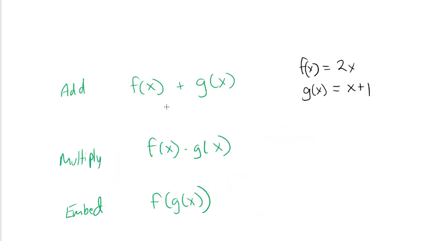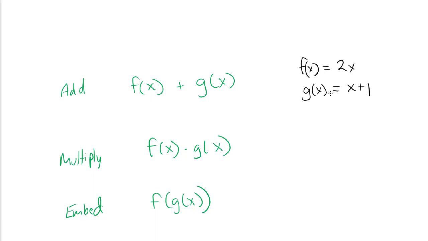Note, just as we add, subtract, multiply polynomials, our functions can define polynomials. The functions themselves can be added, multiplied, subtracted, and even embedded. Let's look at the case of addition. What if I have two functions defined as f of x equals 2x, g of x, another function, equals x plus 1? What is f of x plus g of x?